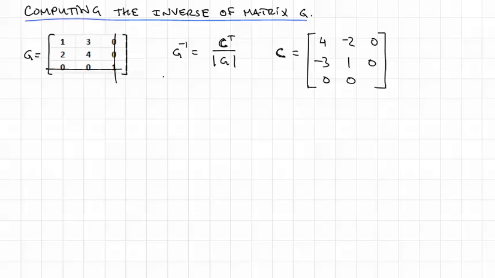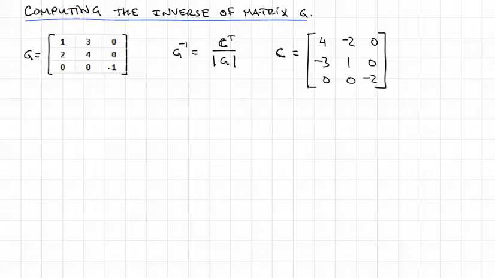And then lastly, we will have 1 times 4 minus 2 times 3, times minus 1 to the 3 plus 3 position. That's even, so that'll be plus. So we have 4 minus 6, or minus 2.